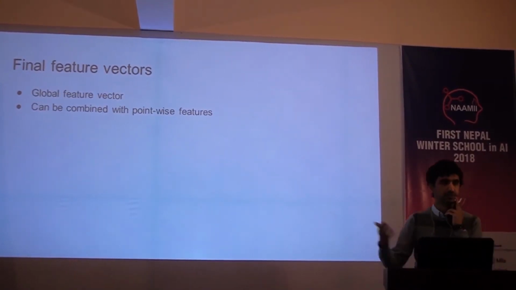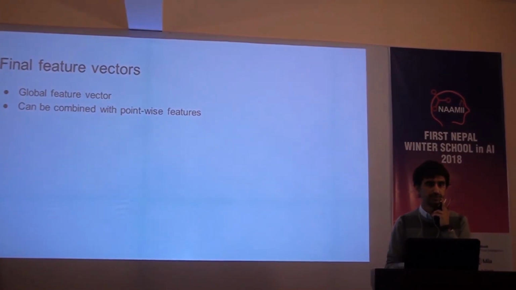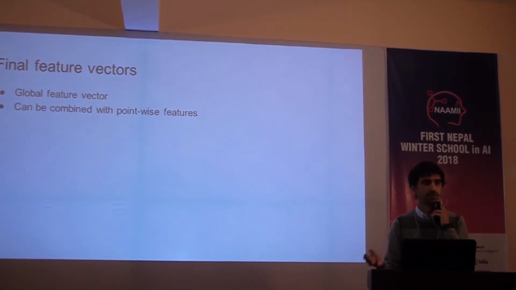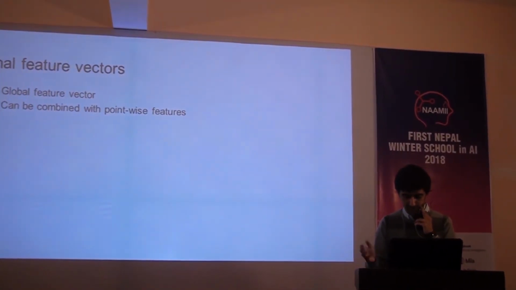Then you would be able to, for example, segment the point cloud or find parts in the point cloud which are relevant, or for example in other kinds of data as well.